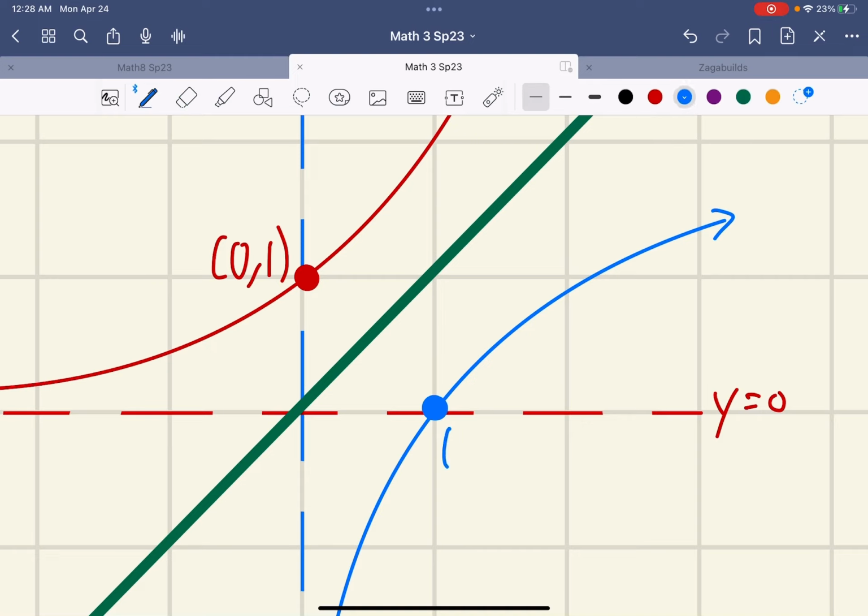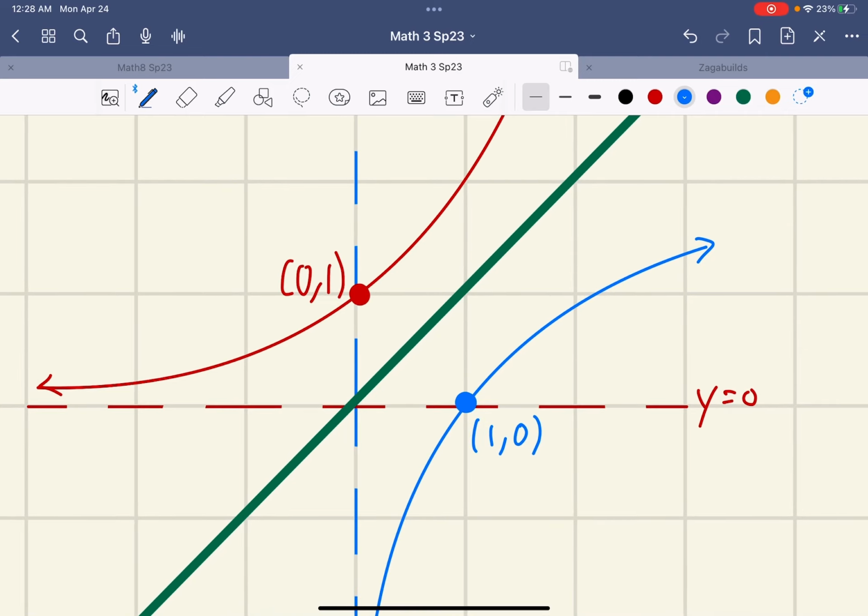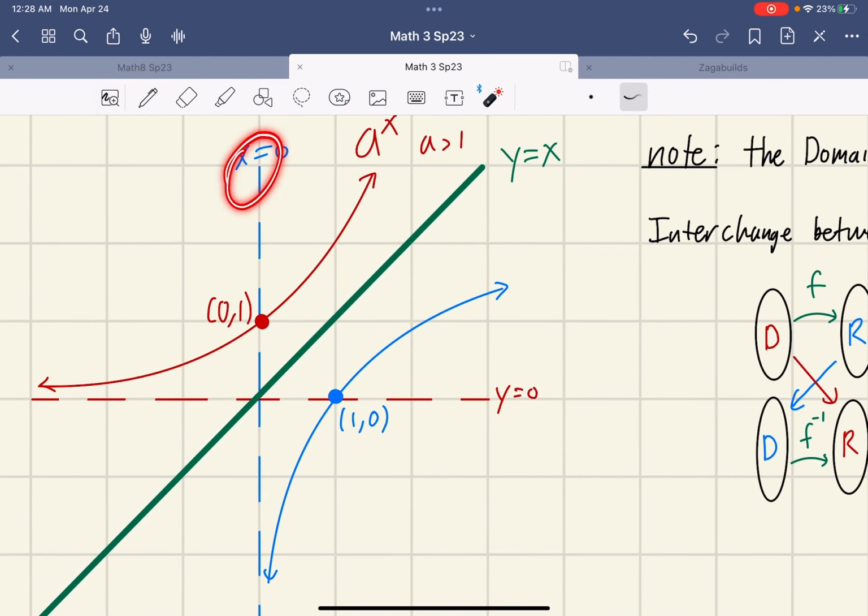There's a similar point that all logarithms have, and it's at this 1, 0 point, because we're interchanging our x's and y's. And we can see that happen with this point.